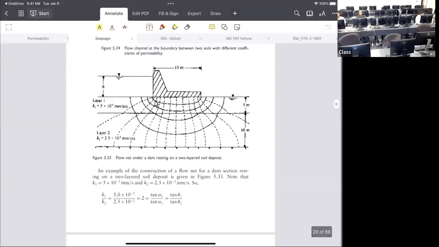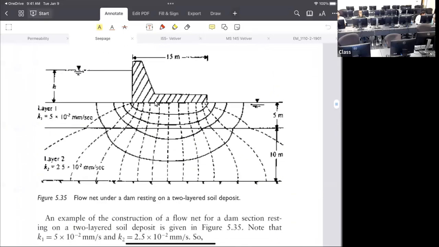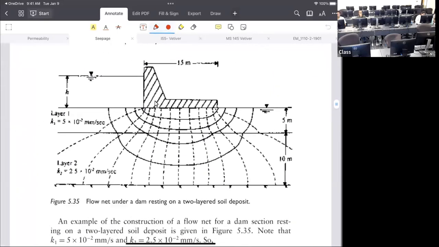So let's first discuss if you have only the anisotropy. Let's say you have two different K, K1 and K2, in two layers like this. In between these two Ks, we need to find out how the flow rate will be.